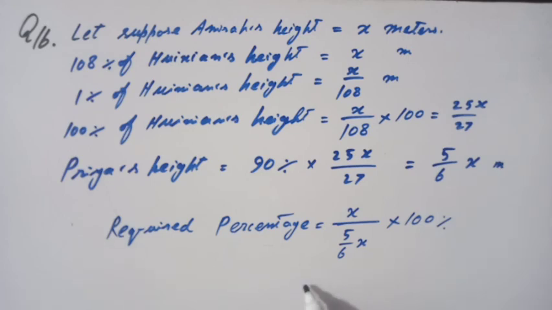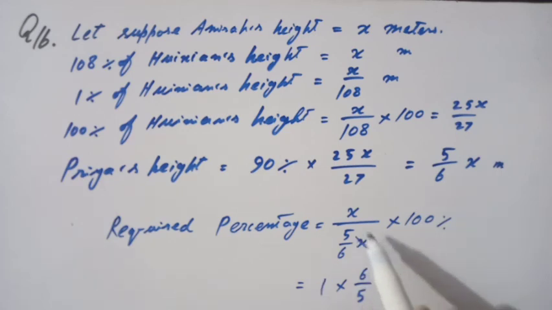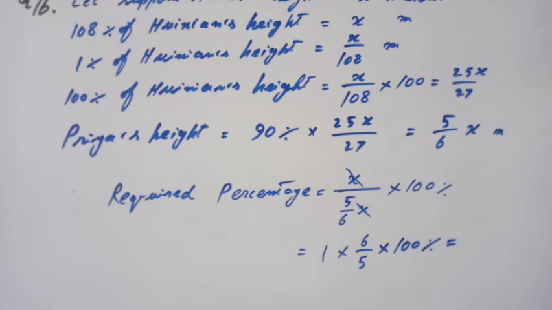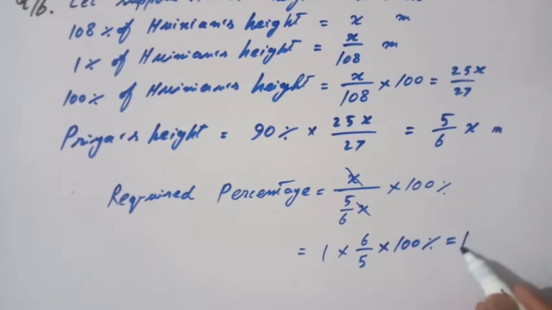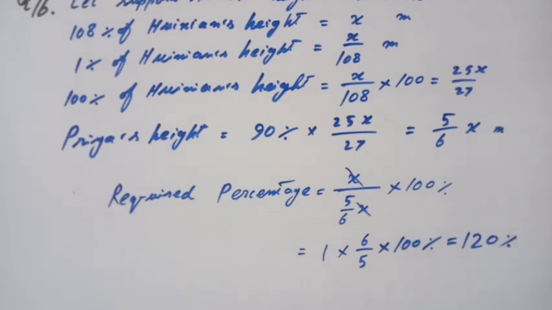It would be equal to x multiplied by 6 by 5, and as this x is in the denominator and this is in the numerator, so cancelable with one another, multiplied by 100%, so is equal to 120%, right? This way we have calculated the required percentage.